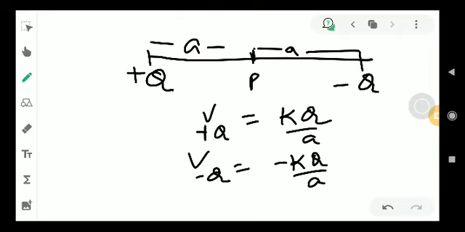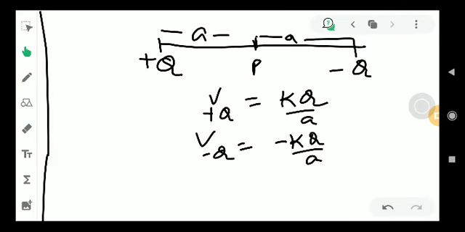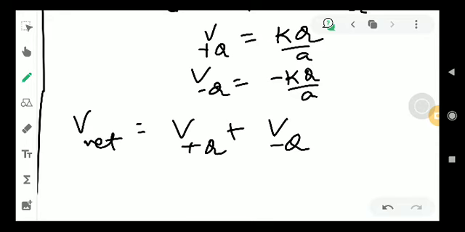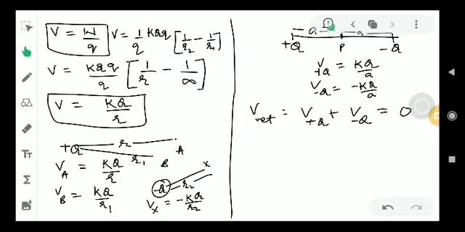What is the net potential? Potential is a scalar quantity, so you can add them like numbers. Total potential will be V plus q plus V minus q, and you get 0. So this is a system where the electric field at point P is non-zero but the potential is 0.